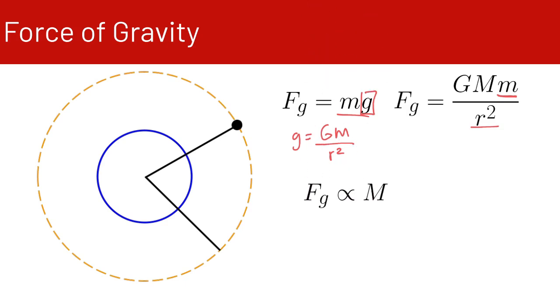So notice here that F sub g is directly proportional to the large mass. It's directly proportional to the little mass. And it's inversely proportional to 1 over the radius squared.